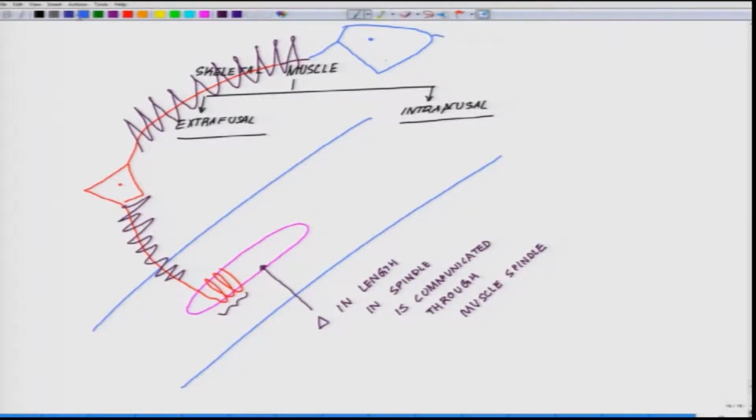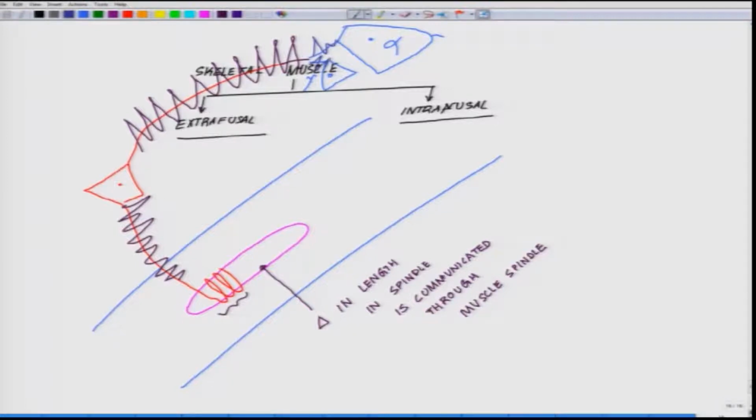Here the signal is split into two parts, which I haven't mentioned before. There are two forms of motor neuron which pick up the signal from the sensory neuron. This is specifically true for the stretch reflex. There are situations where you do not need two motor neurons, but in the stretch reflex there are two. One is called the alpha, the other one is called the gamma.